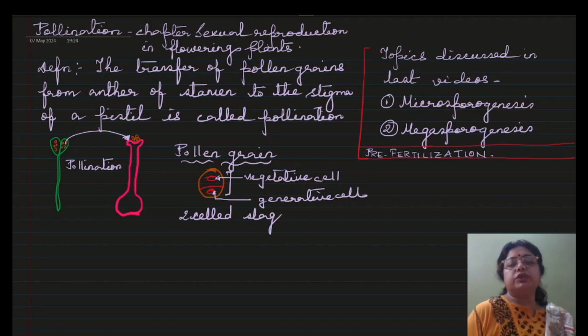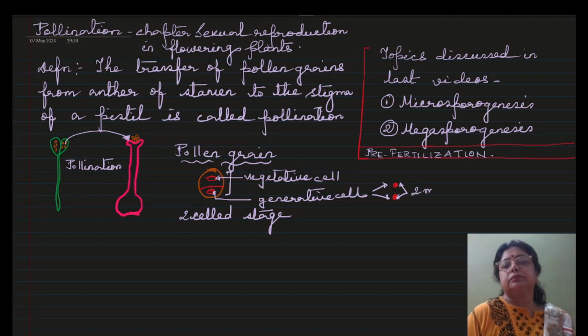Either at this two cell stage the pollination occurs, or if the generative cell gives rise to the two male gametes, then it will become the three cell stage.